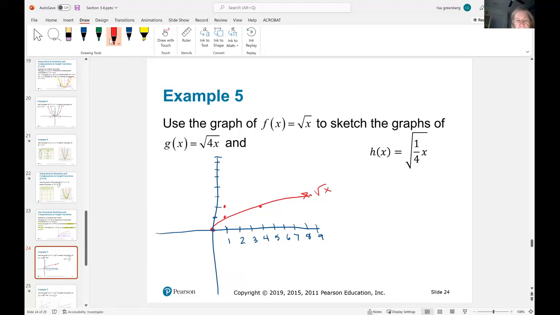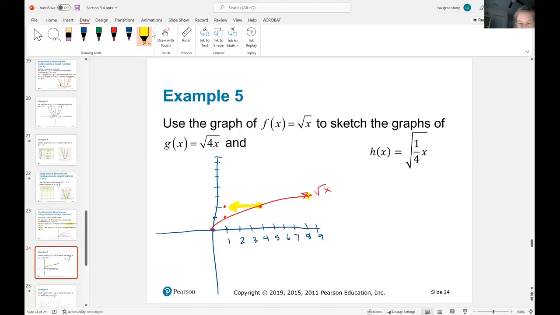But really what's happening is, let me see if I can explain this. I'm compressing it. So this point here has moved this way. It didn't go up. It compressed because that 4 is greater than 1. So it's compressing. That point is moving there.